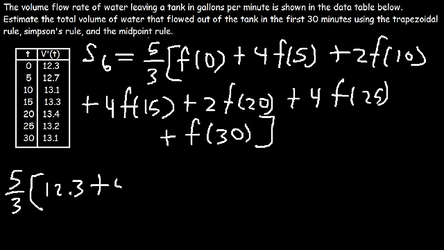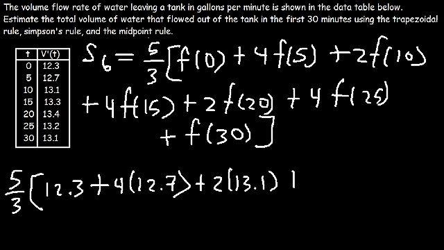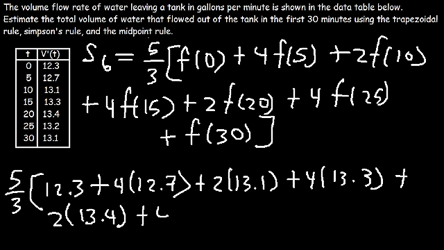And f of 5 is 12.7, but multiplied by 4. And then f of 10, that's going to be 2 times 13.1, and then 4 times 13.3, and then 2 times 13.4, plus 4 times 13.2, and finally plus 13.1.